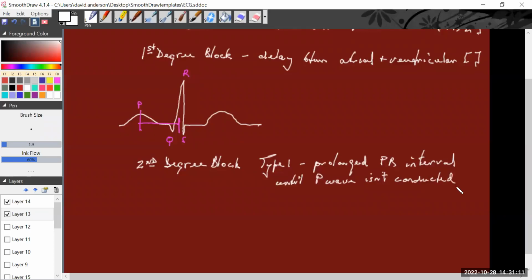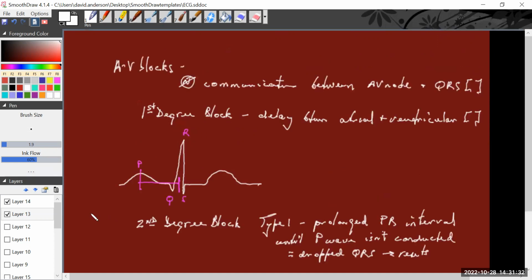So we miss a P wave. I'll show you what that looks like in just a second. So that's sometimes described as being a dropped QRS. And so then it seems to reset and repeat itself.